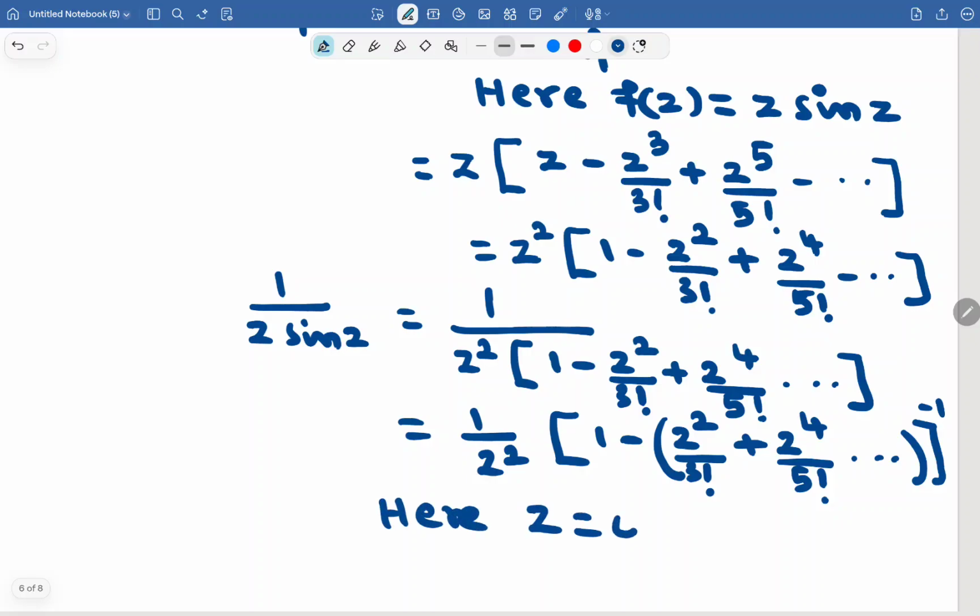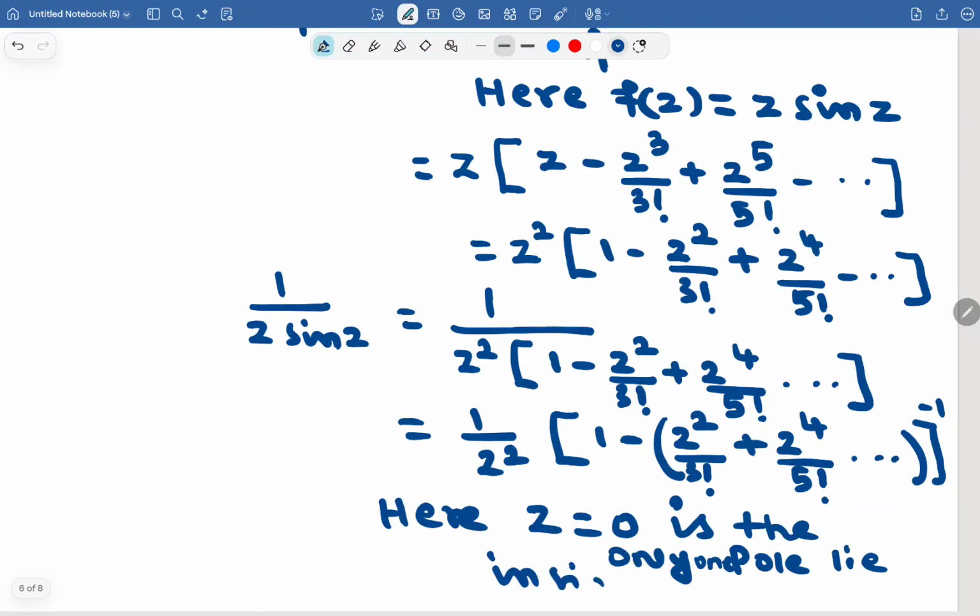Here z = 0 is the only pole that lies inside γ1.